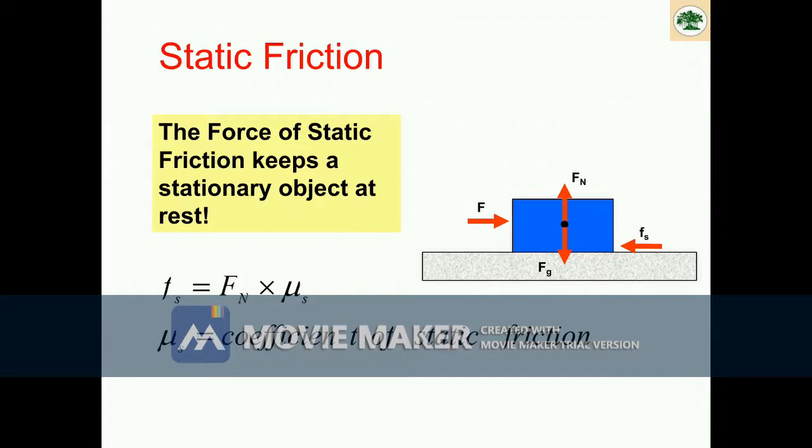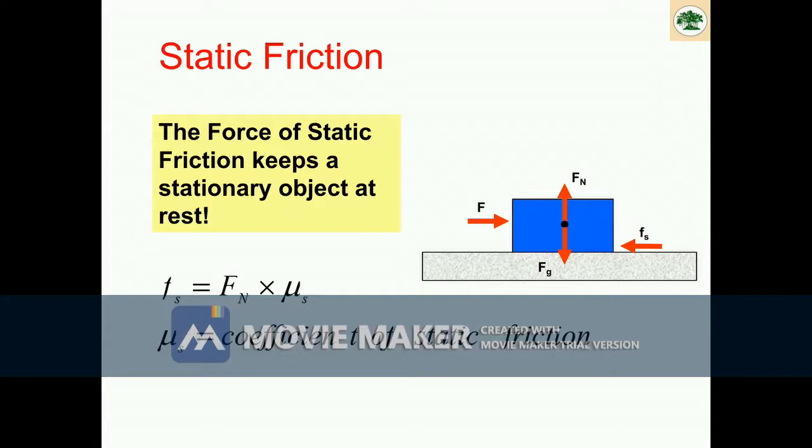It is opposite to the applied force and its value is given by Fs equal to mu s into N. This is the general formula, where N is the normal reaction. The normal reaction force here is represented as Fn. Therefore, Fs is equal to mu into N. This is the first law of static friction, where mu is the coefficient of static friction.